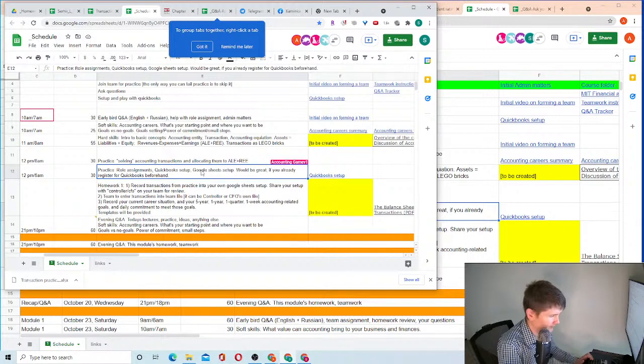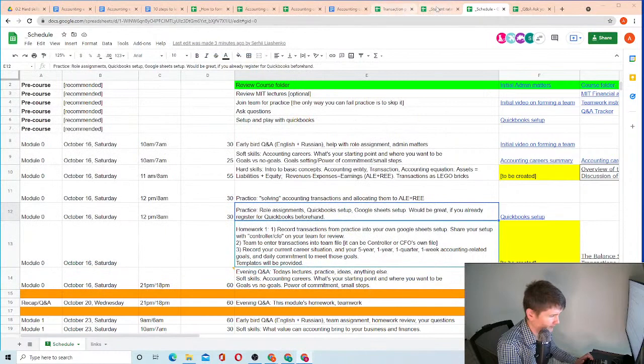And next session we will have the first teamwork assignment. But so far you can connect if your team is formed. I'm not going to change any existing teams which have their own accountants.